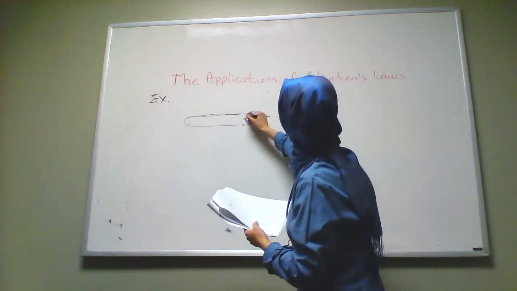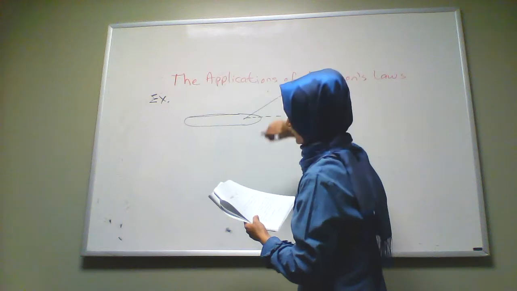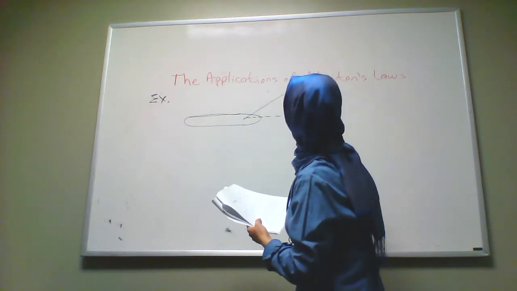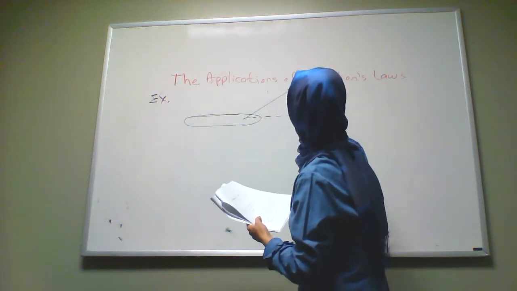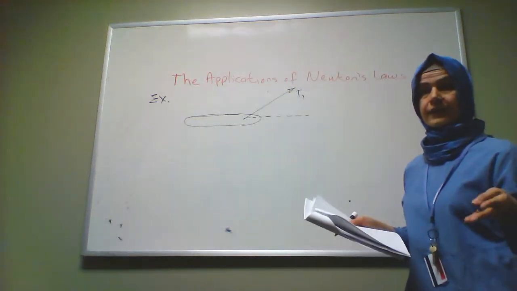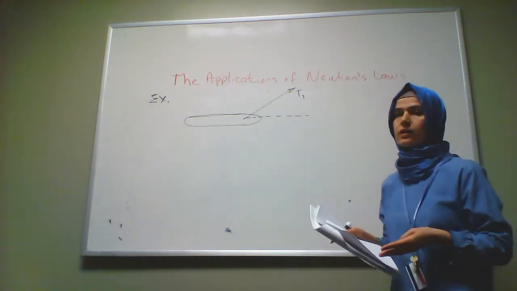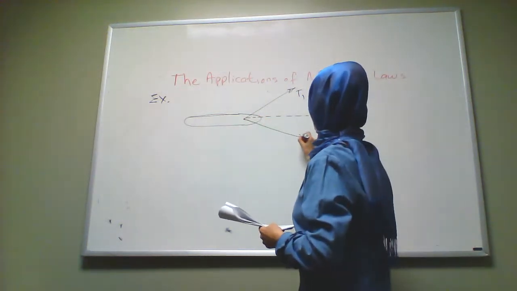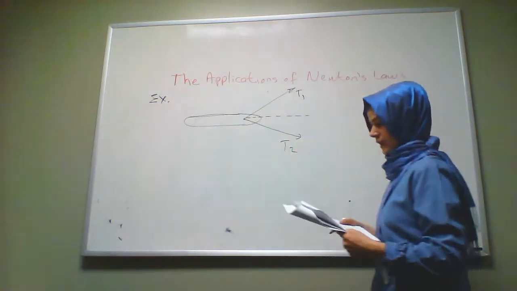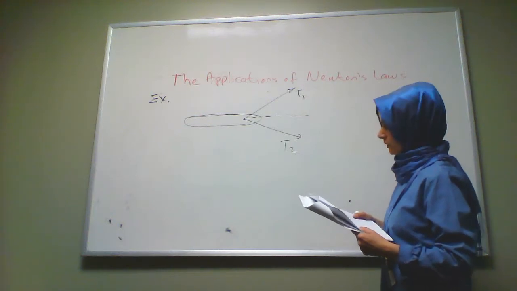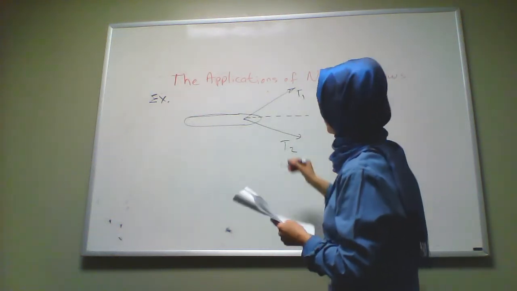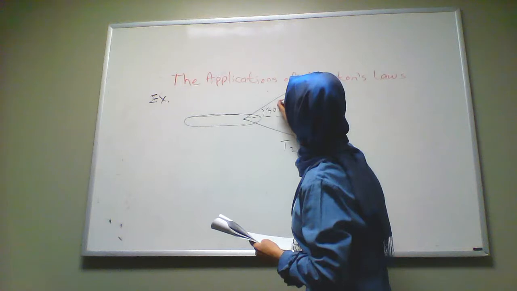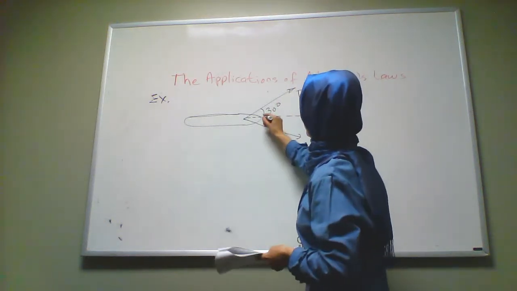Two boats are pulling this object, one with T1 in this direction. As you can hopefully remember if you watched the previous video, generally if there are ropes, the tension on the rope is called T. So they have ropes and tension, so we call them T1 and T2 in these directions. They have angles 30 degrees and 30 degrees.